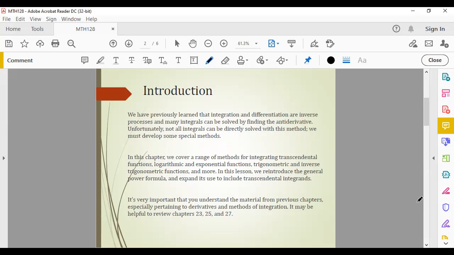So now we're going to look at some particular formulas for figuring out integrals. And it mentions what I said previously, that if you're not super caught up on what you did before, check out chapters 23, 25, and 27. That's some basic review on derivatives and stuff like that.